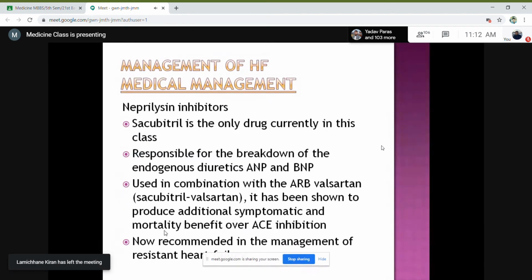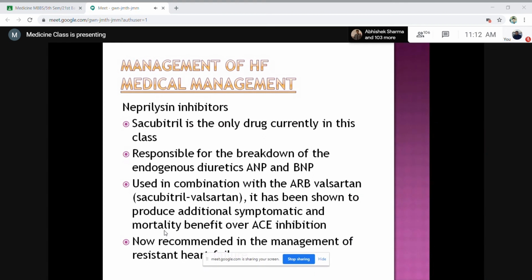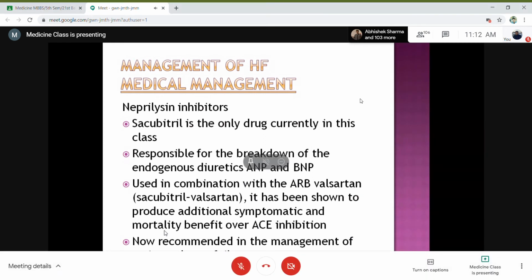Now, this is the other drug that has been introduced: the neprilysin inhibitor. There is only one drug, sacubitril, included in this group. It is responsible for inhibiting the breakdown of endogenous atrial natriuretic peptide and brain natriuretic peptide.